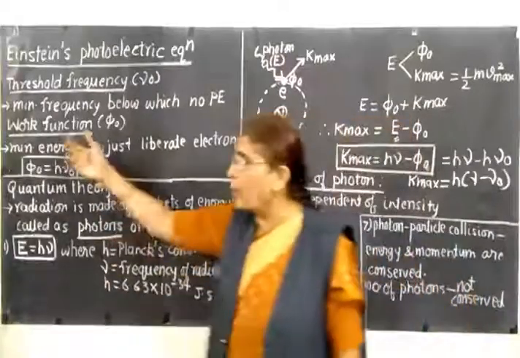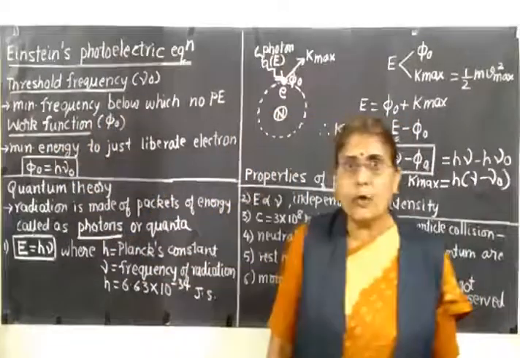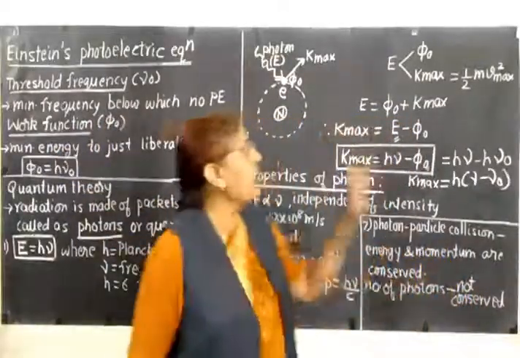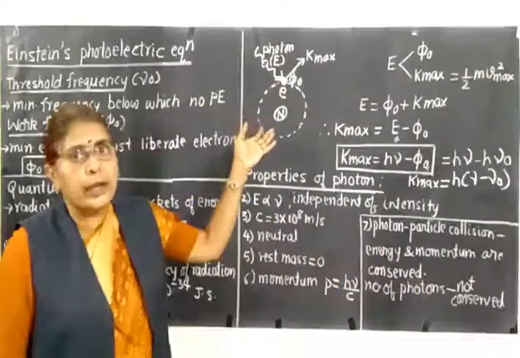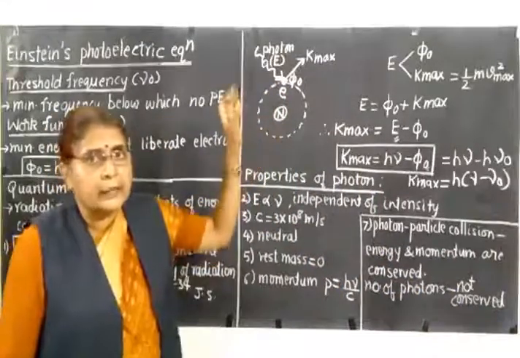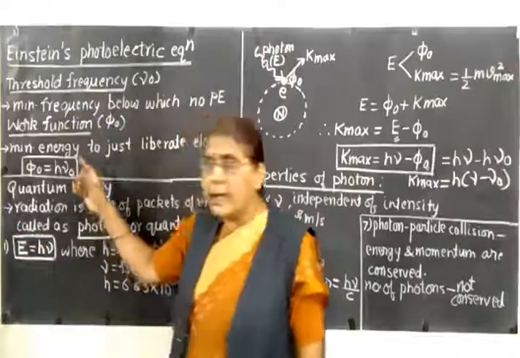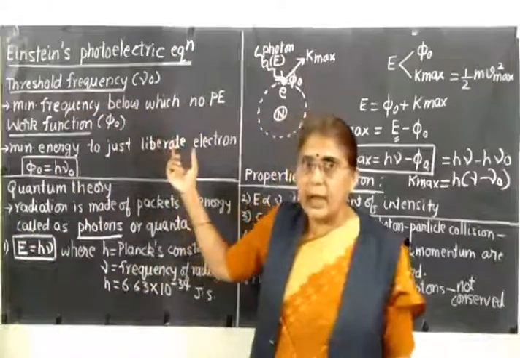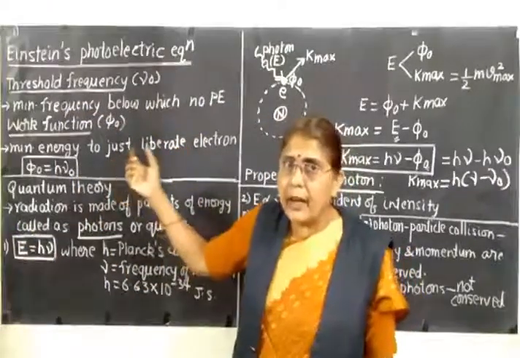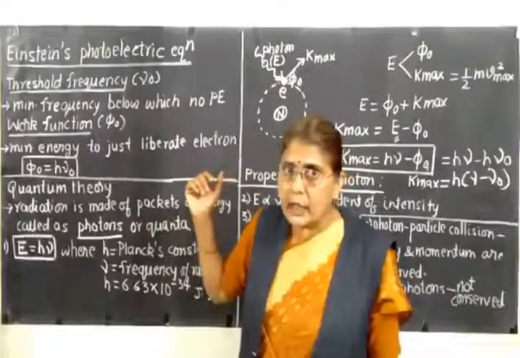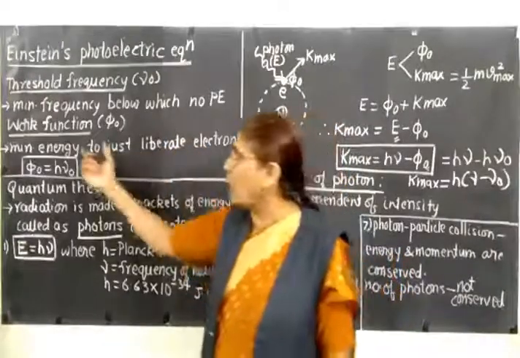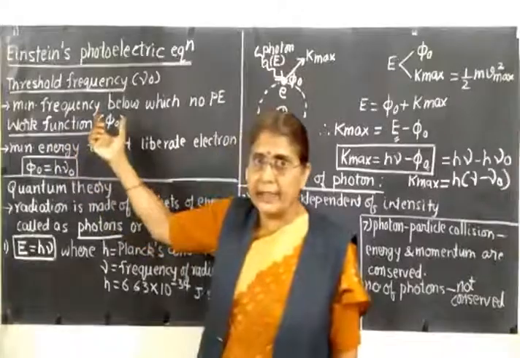Also I had explained about the work function phi 0. What is work function? These valence electrons are bound to the metal surface. A certain minimum energy is required to just free the electron, and this minimum energy required to just liberate an electron from the metal surface is called the work function phi 0.